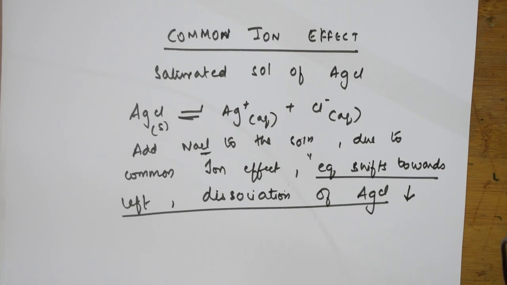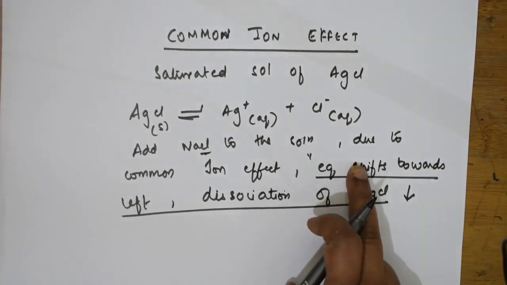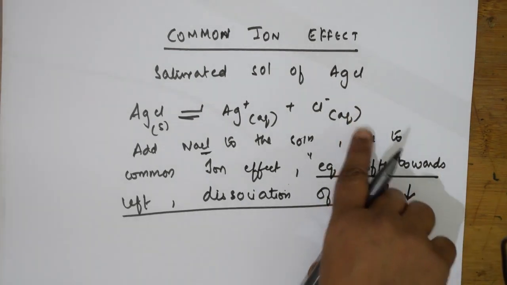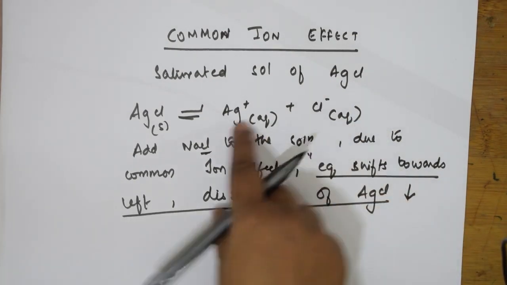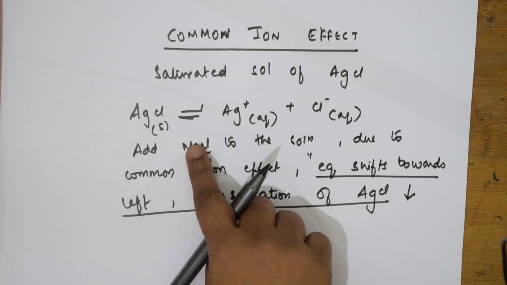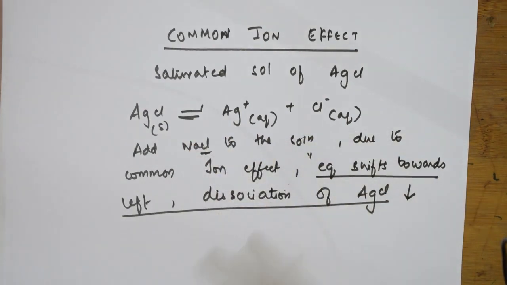What is the result of this? Due to the common ion effect, the concentration of the ion not in common between the two electrolytes is decreased. So that will decrease the concentration of that particular ion.